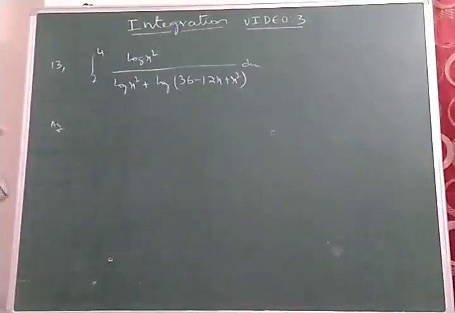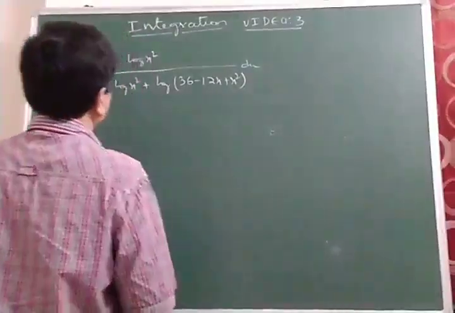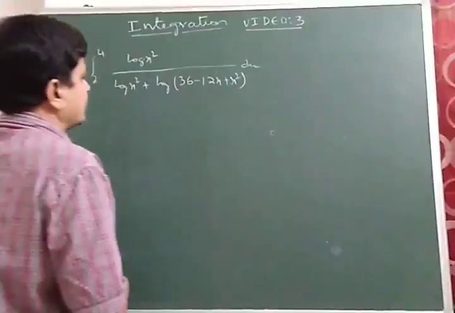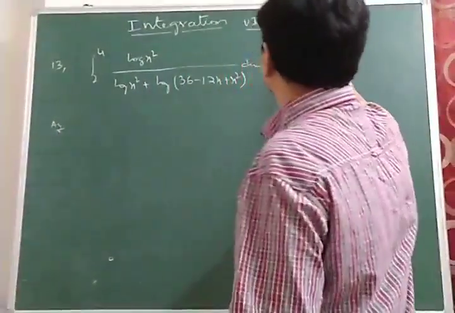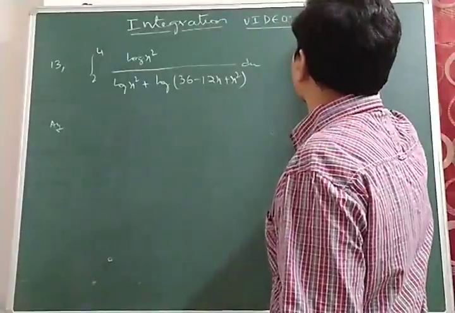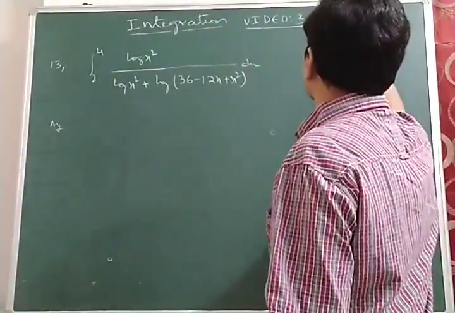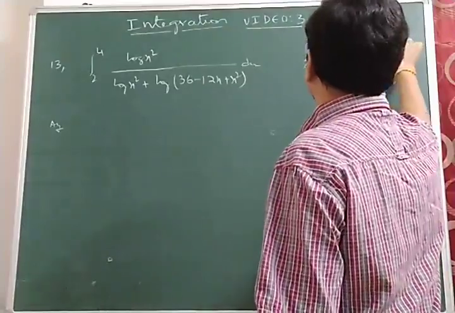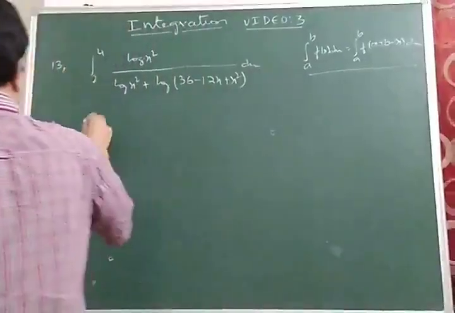Question number 13. Integral 2 to 4 log x square dx by log x square plus log of (6 minus x) whole square. Now here we are applying the property integral a to b f of x dx is equal to integral a to b f of a plus b minus x dx. This property is applied on this problem.